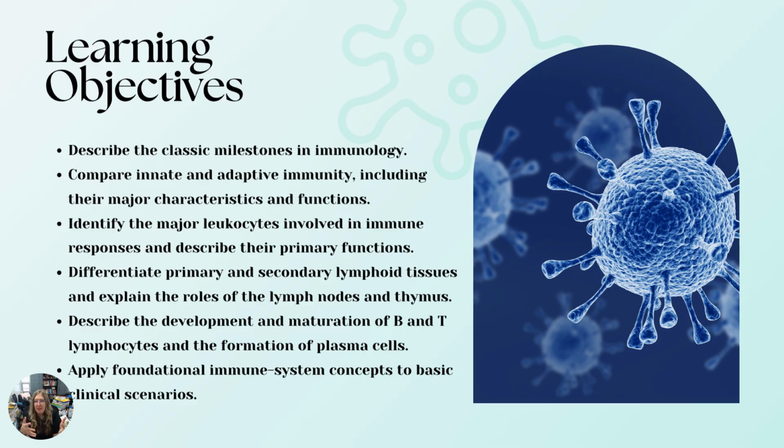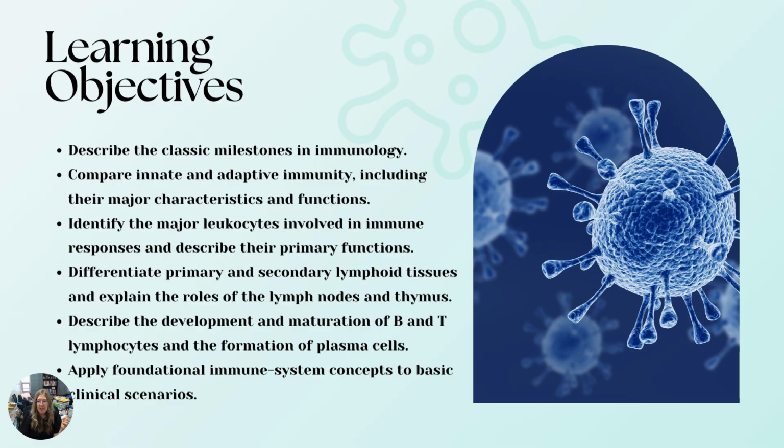So these objectives should give you a good idea of what I expect you to be able to do with this material. You'll need some historical context, but our major focus as a whole is going to be comparing innate and adaptive immunity, recognizing the major immune cells and what they do, understanding where lymphocytes develop and become activated, and beginning to apply those concepts clinically.